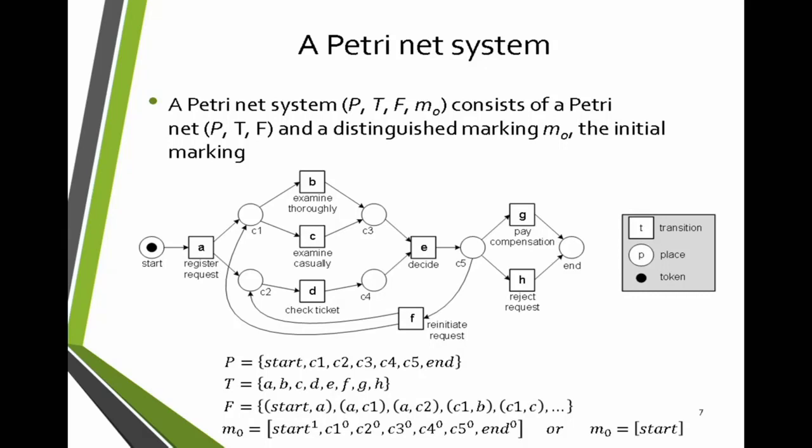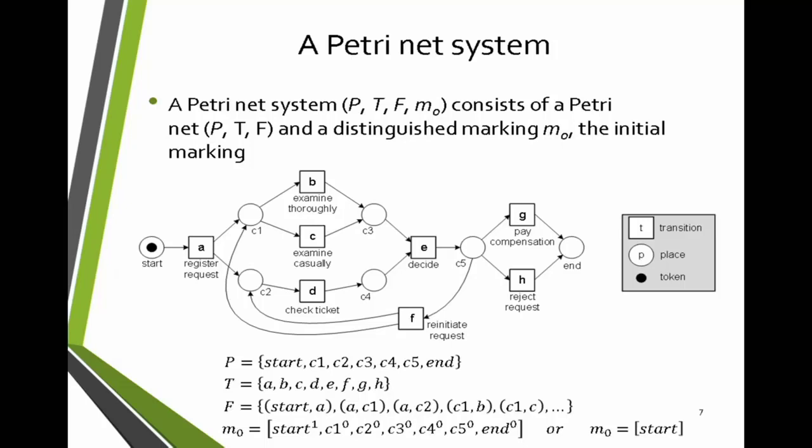So the state of the model is represented by a distribution of tokens across the different places in the net, right? In this initial state, which we call the initial marking, we have one token in the start place, so my process is in the starting state.